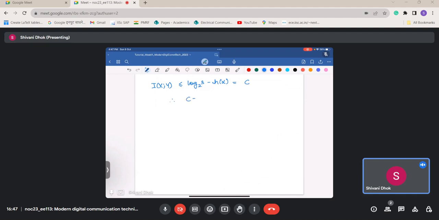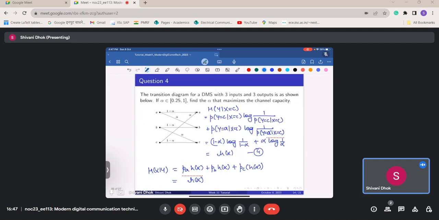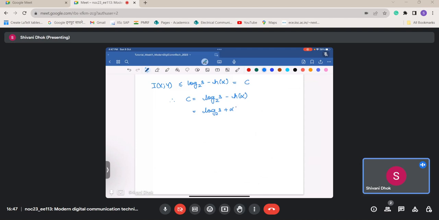Therefore my C is equal to log 3 to the base 2 minus H(alpha), which will be log 3 to the base 2 plus alpha log alpha plus (1 minus alpha) log (1 minus alpha).